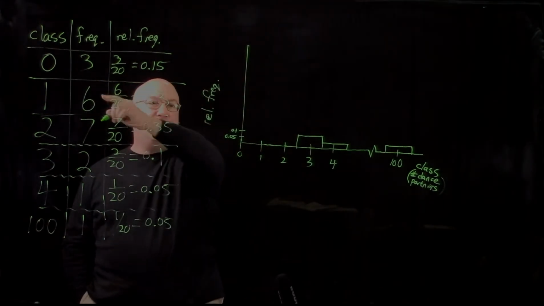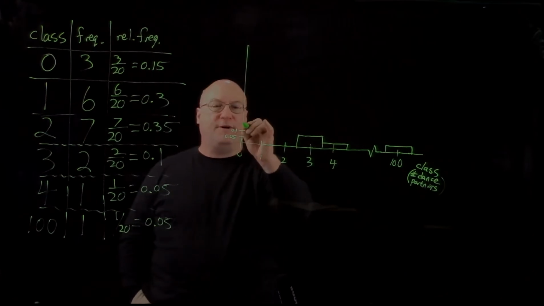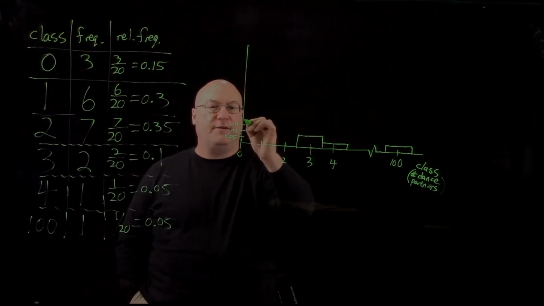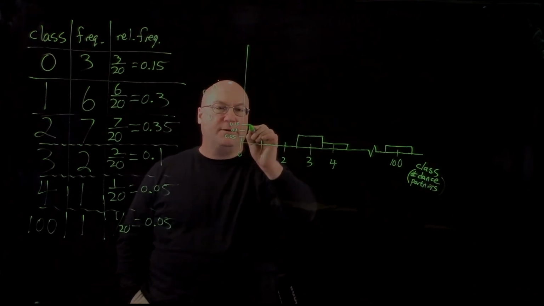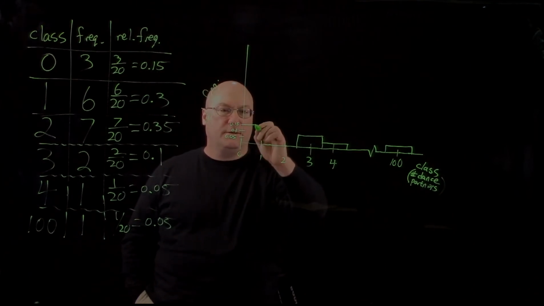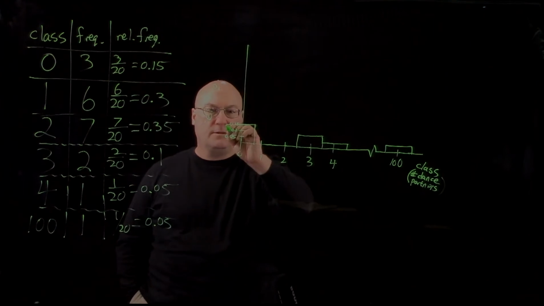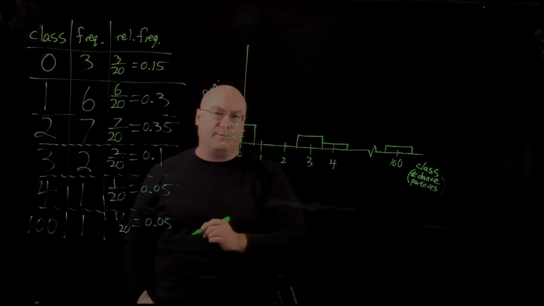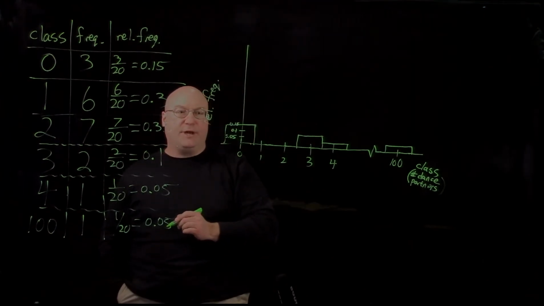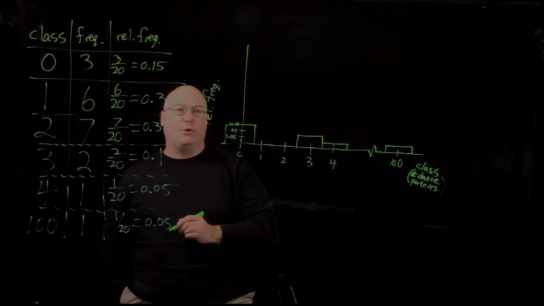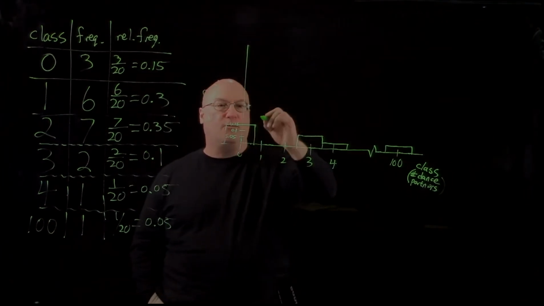Let me do 0, which has 0.15. So that's going to look about like that, right? Kind of running into my numbers there a little bit. Then 1 partner is 0.3, so that's double 0.15, right?